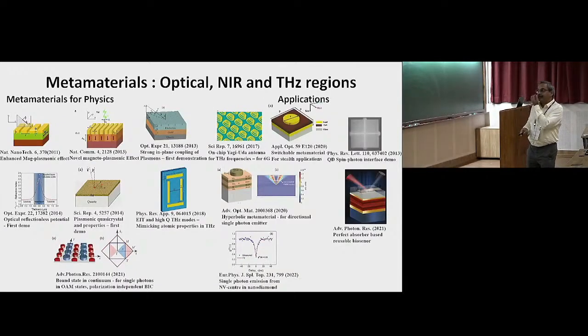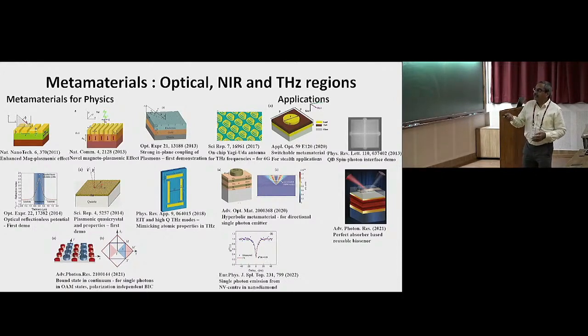Right. We have been working on metamaterials for more than a decade. We looked at the physics, for example, how we can modulate the material properties or what novel properties can be achieved using plasmon coupling with the plasmonic modes, coupling with the magnetic resonances and things like that.